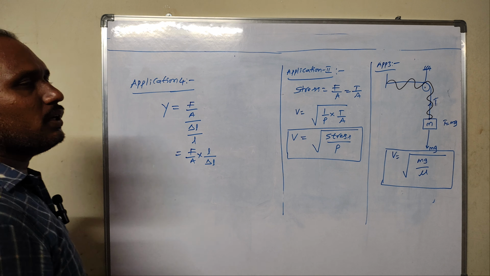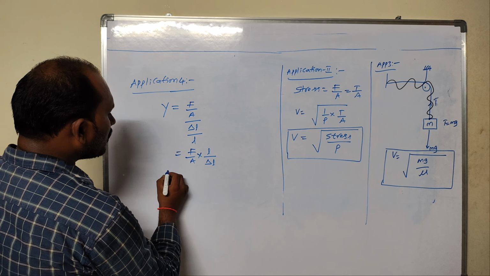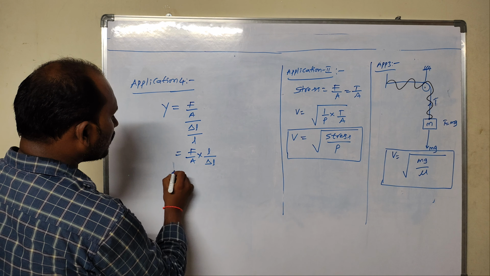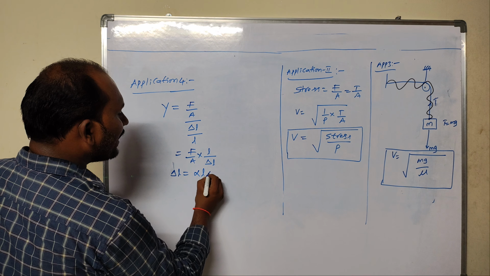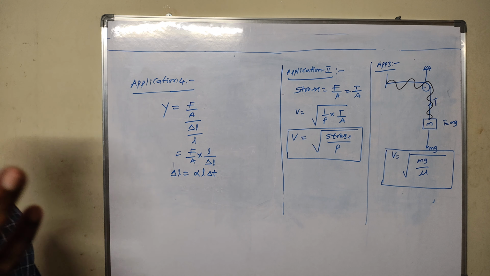We know the linear coefficient of expansion of a solid, alpha. So delta L is equal to alpha L delta T, where delta T is the change in temperature, T2 minus T1.